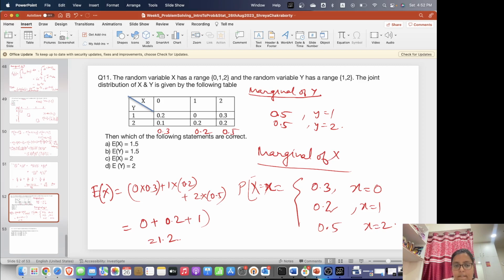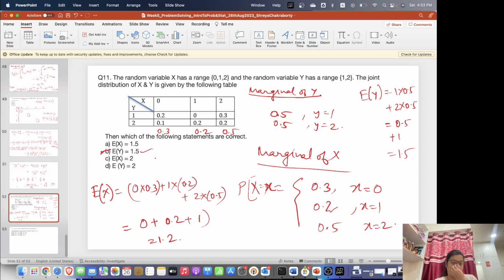Is it okay? And expectation of y will be how much? 1 into 0.5 plus 2 into 0.5, that is 0.5 plus 1, that is 1.5. So expectation of y equal to 1.5.